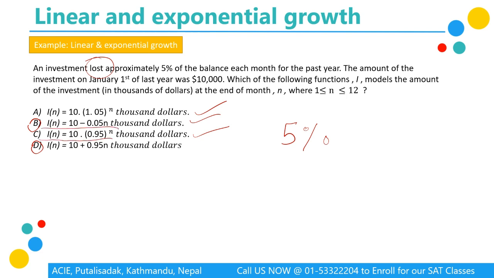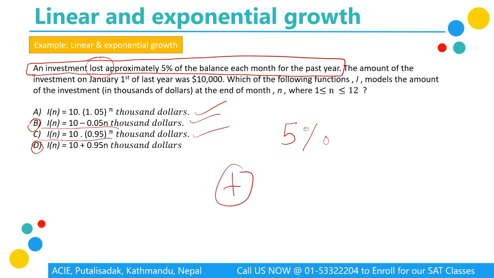The amount of investment on January 1st of last year was $10,000. Which of the following functions L models the investment at the end of the month. So 5%, this line is basically going to give us the answer to this question. An investment loss, so we know that it cannot be a plus sign at all.